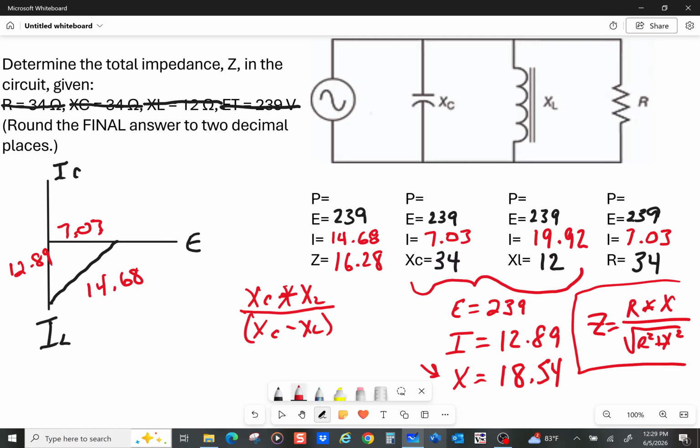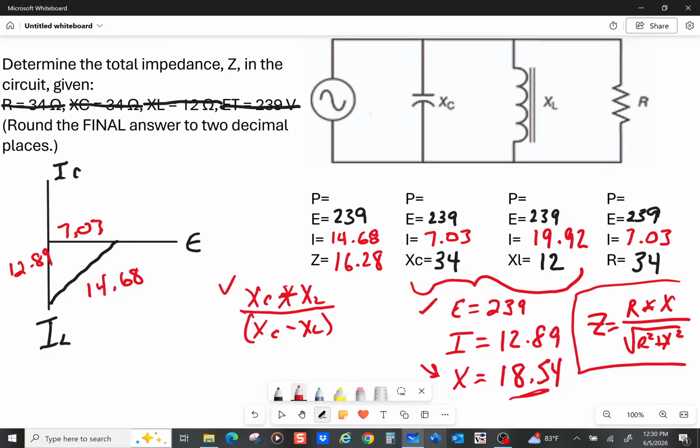So I'm going to take the 34 times 12 and divide it by the quantity, using parentheses, 34 minus 12, close parenthesis, and I'm going to get that value of 18.54. Now I can take that and plug it into my Z, the product vector sum. So I can get this value, the 18.54, either this way or this way, whichever way you so desire to do it.